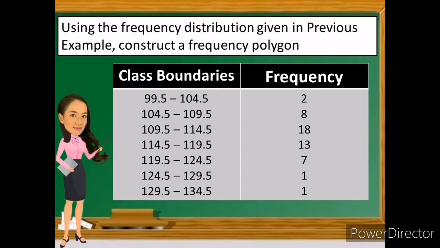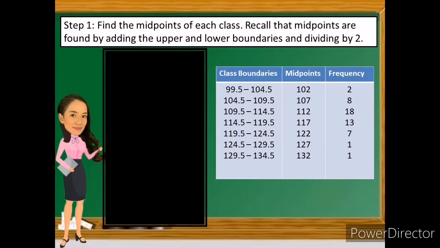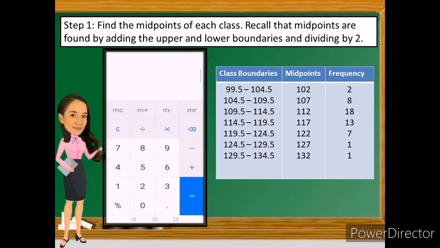Unlike in histogram, when we construct frequency polygon, we need 4 steps. First, find the midpoints of each class. Recall that midpoints are found by adding the upper and lower boundaries and dividing by 2. So here, first is 99.5 plus 104.5 divided by 2 is equal to 102.